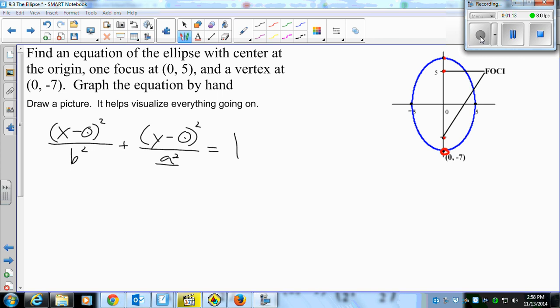This is equal to 1. And I know these points are 0, 0 because my center is the origin.